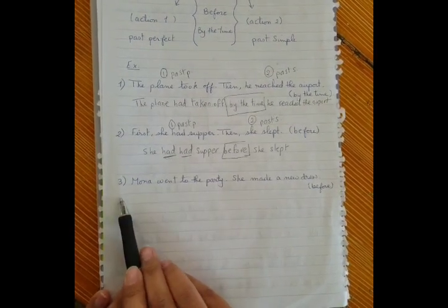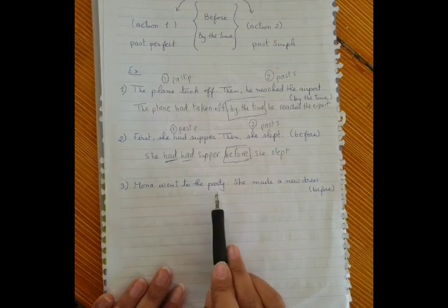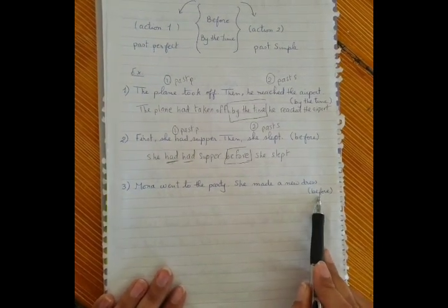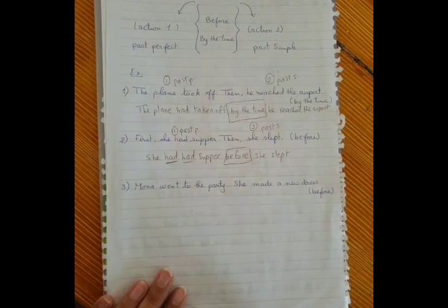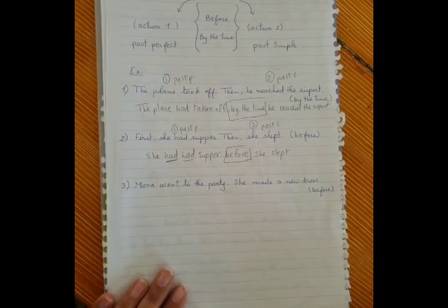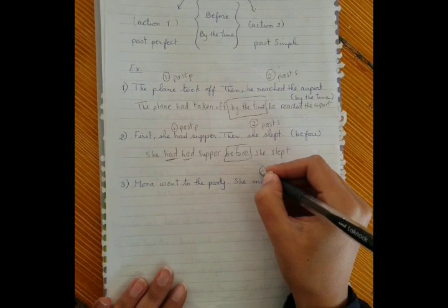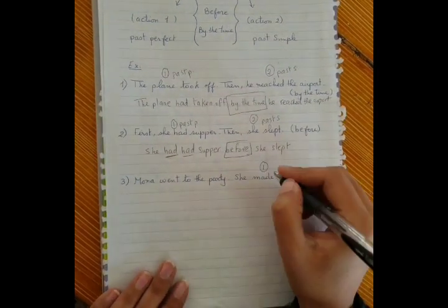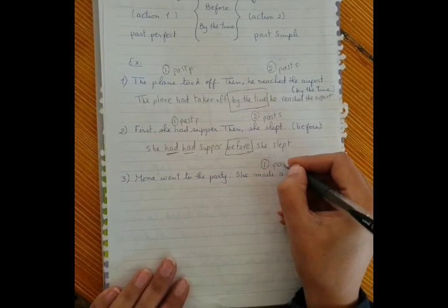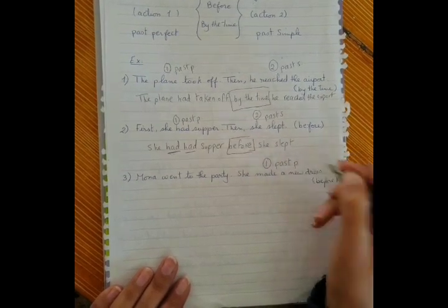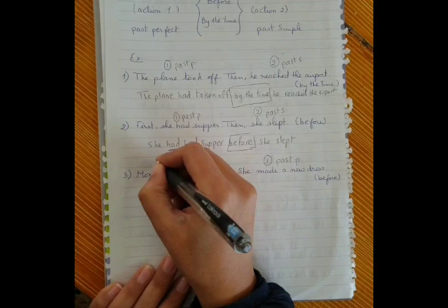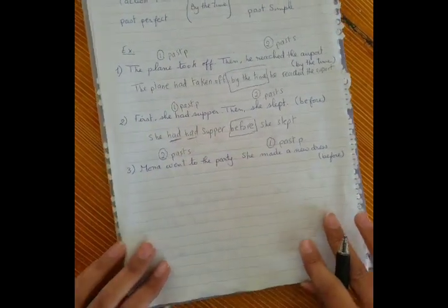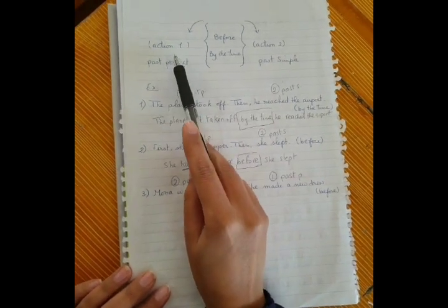Go to example number 3. Mona went to the party. She made a new dress. Use before. Where's action 1? She went to the party or she made a new dress? Of course, she made a new dress, to wear it at the party. So, action 1 must be in the past perfect. Action 2 in the past simple. So the rule says what?